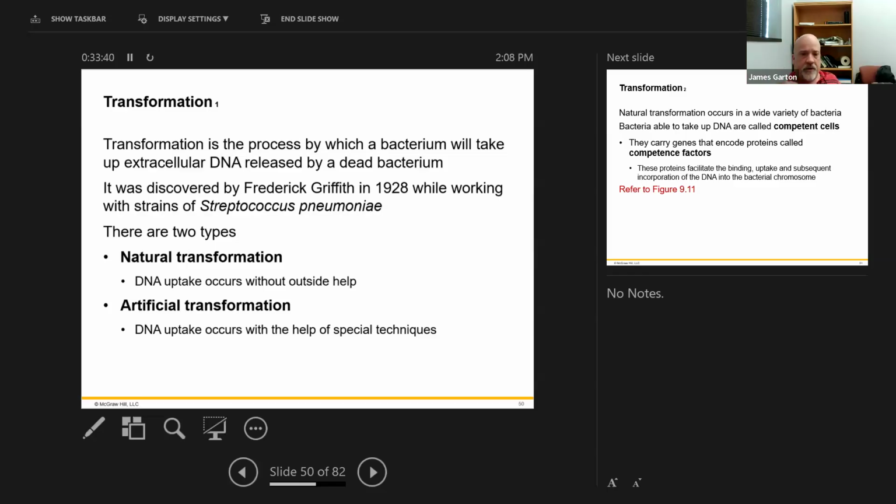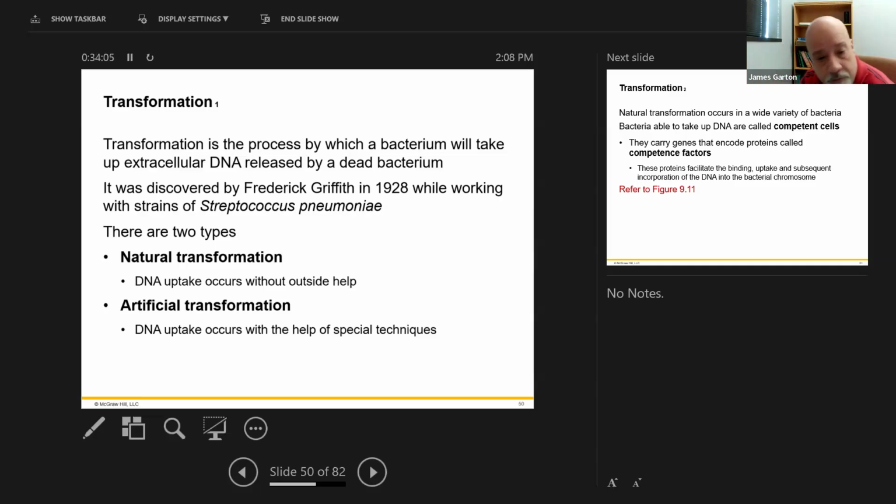And he found out that if you mixed living R strain with heat killed S strain and injected a population of mice with the results, the mice could get pneumonia. And when he did a biopsy, he would find living S strain bacteria in the mouse's tissues.